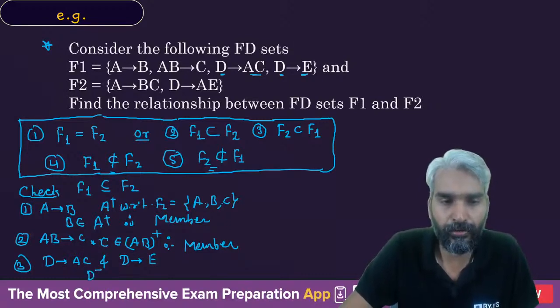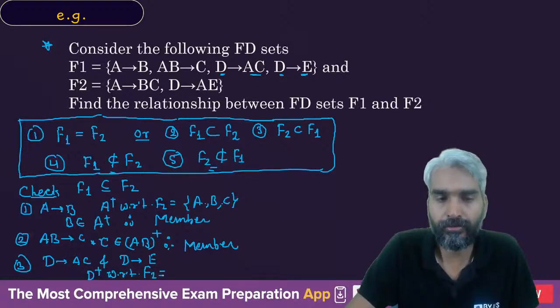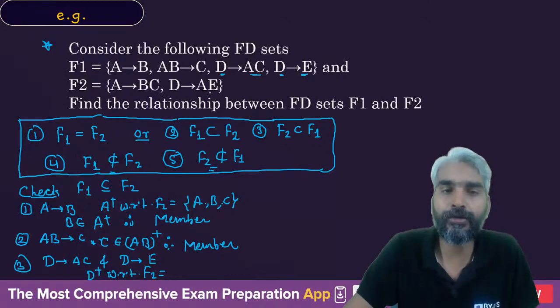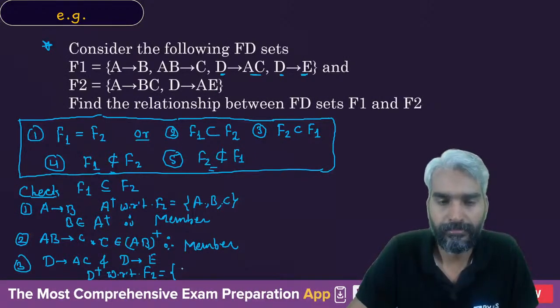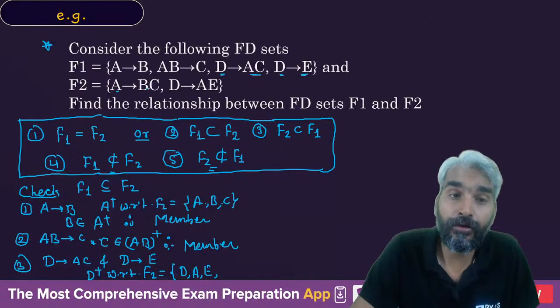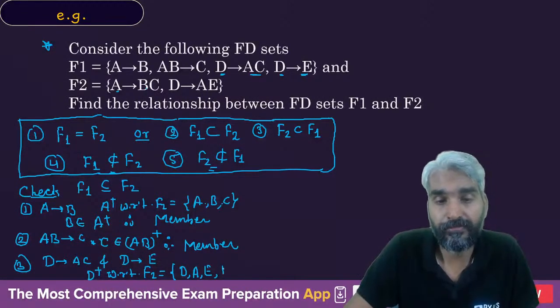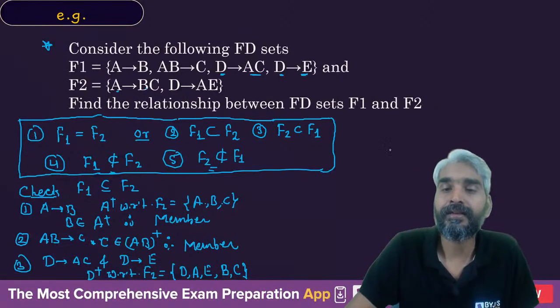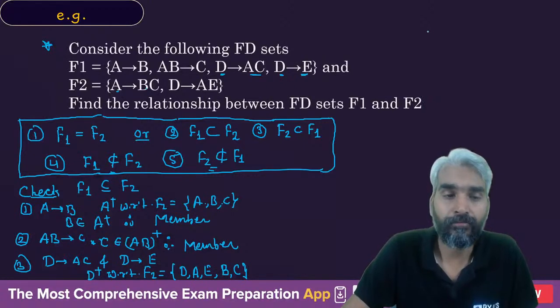D closure with respect to F2 will be D, A, E. You can actually see that from A in F2 you can also determine B and C. So what do we observe?